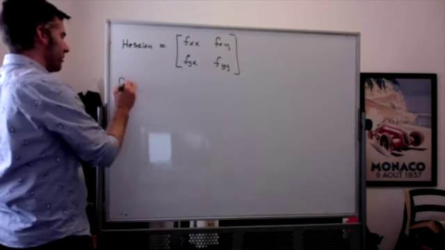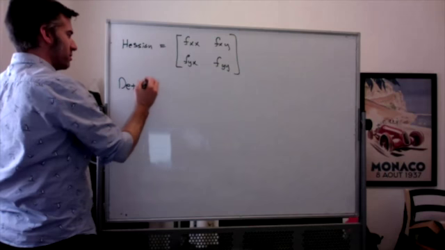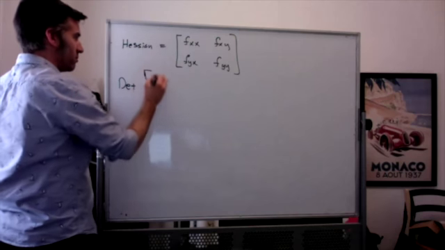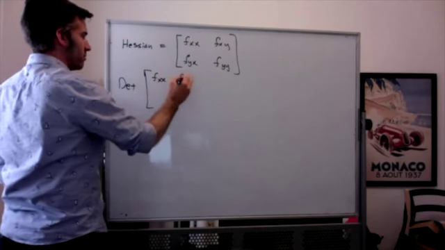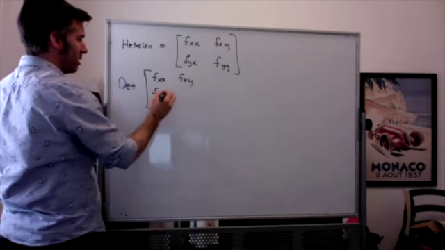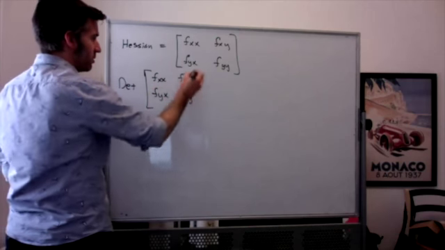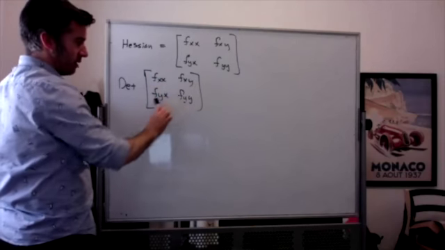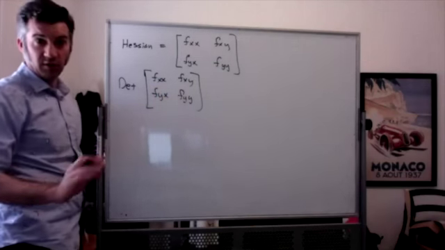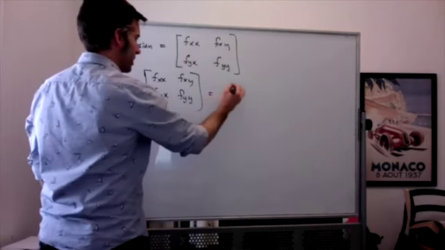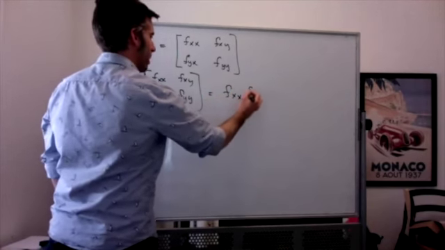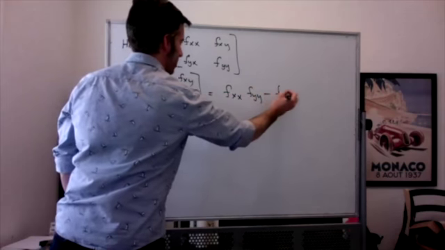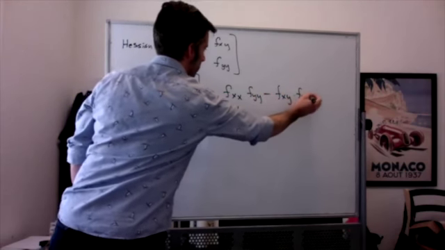The determinant of this matrix: when you're finding the determinant of a 2 by 2 matrix, it's equal to the product of the diagonal elements minus the product of the off diagonal elements. It's different for larger matrices, but for this matrix, it's fxx times fyy minus fxy times fyx.